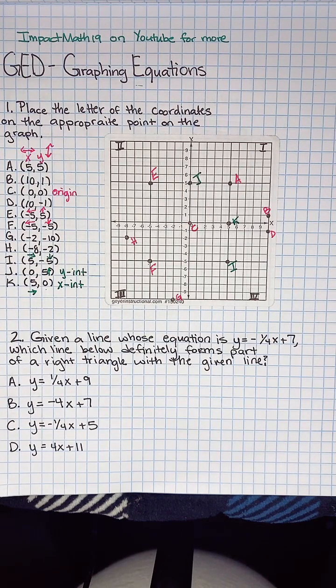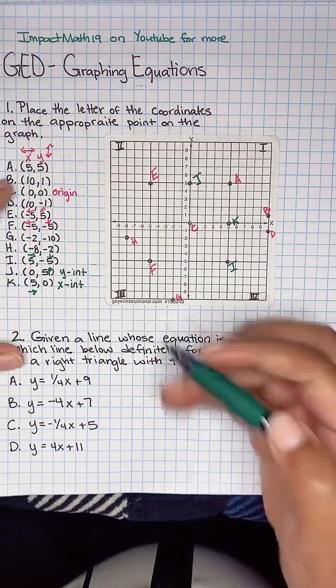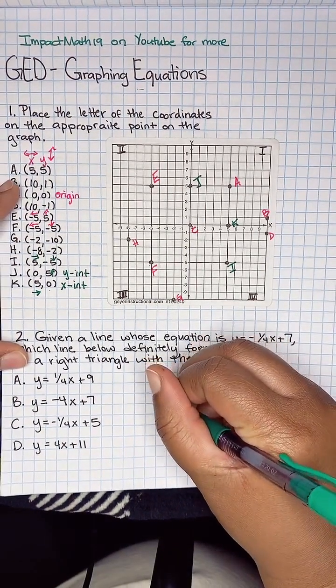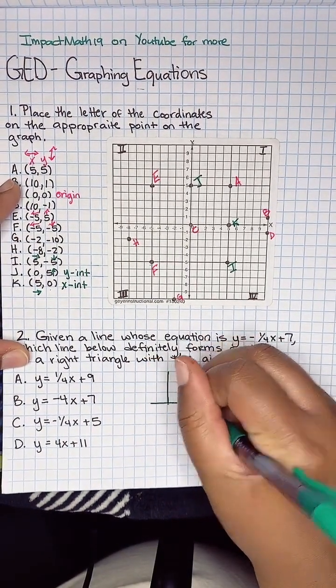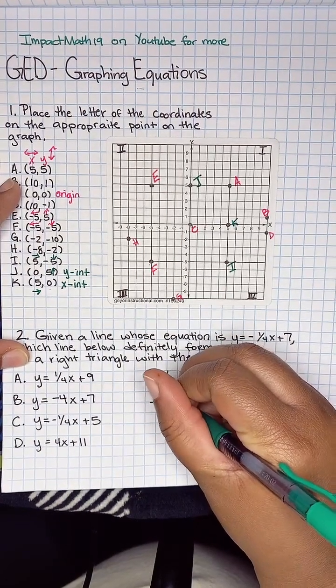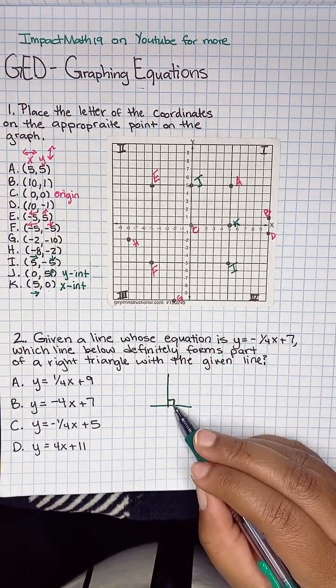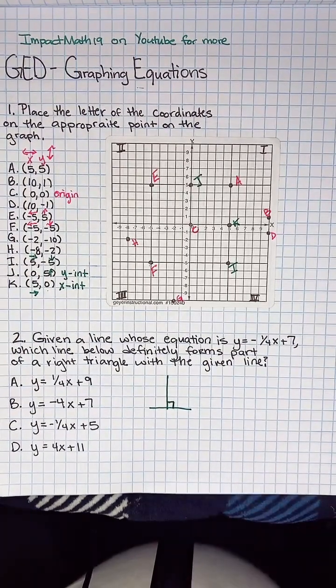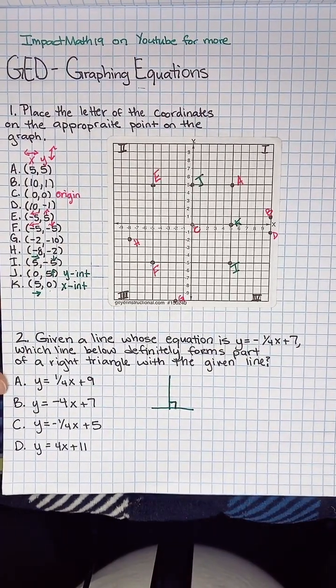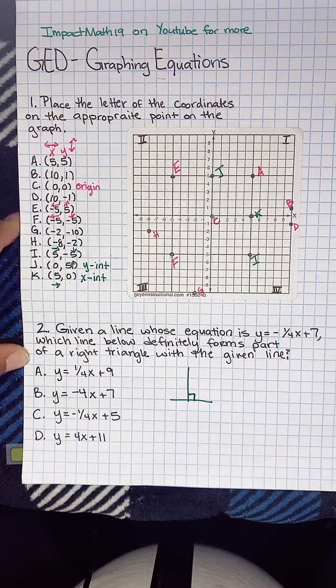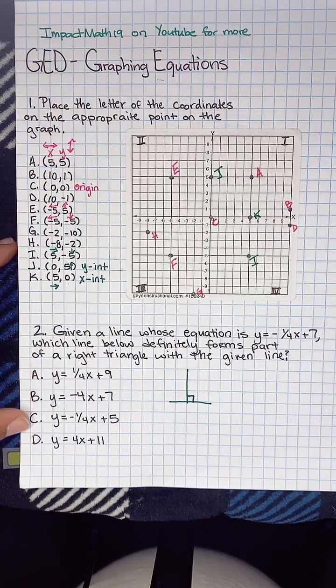So what they're asking us, remember, if we want a right triangle, that means we want 2 lines that are perpendicular. That means they form a 90-degree angle. So what do you guys say? Would you guys say the answer is A, B, C, or D?